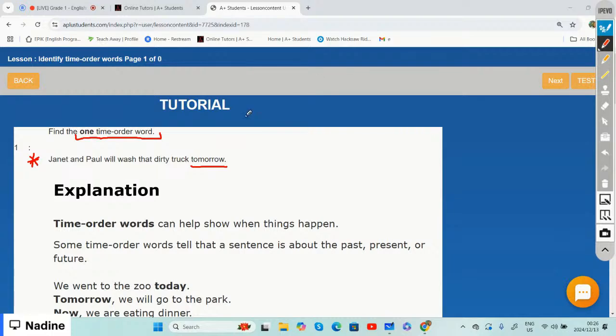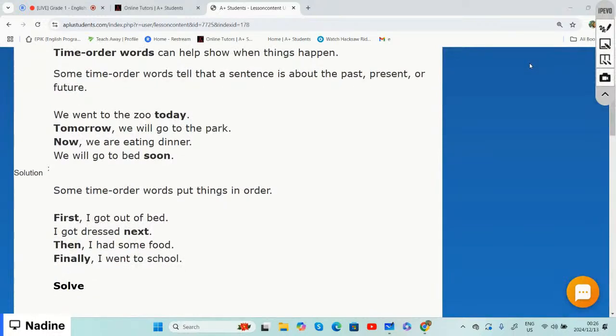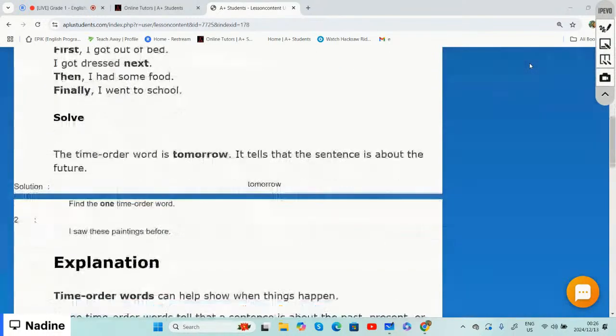All right, so tomorrow is our time order word. All right, we need to look at the next one.